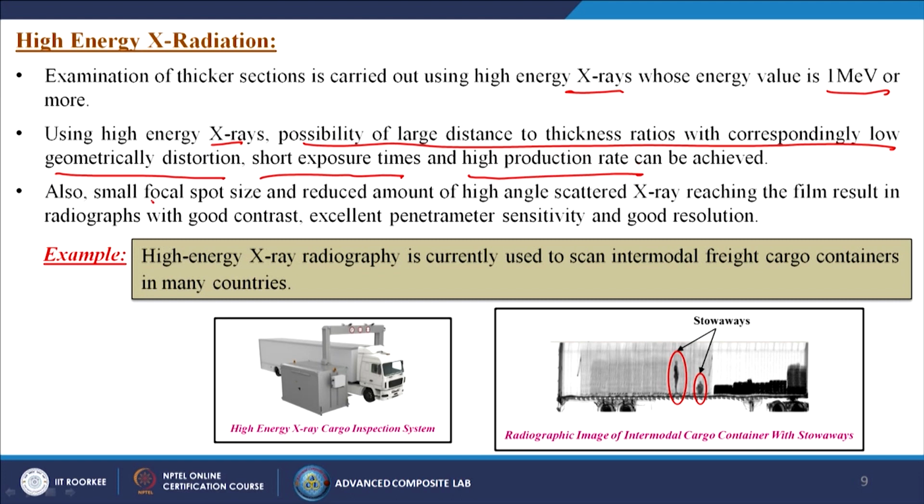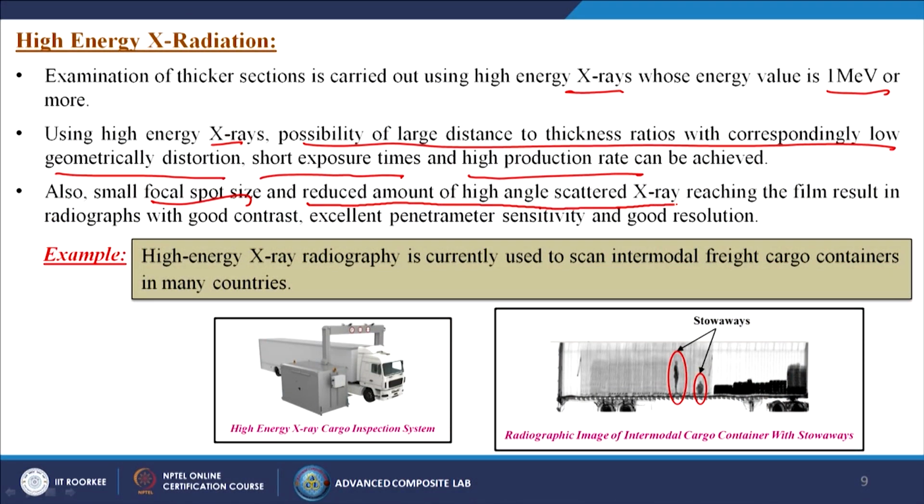Also, a small focal spot size, meaning how much area you are going to cover on your surface, reduces the amount of high angle scattered X-ray reaching the film, resulting in radiographs with good contrast, excellent penetrameter sensitivity and good resolution.